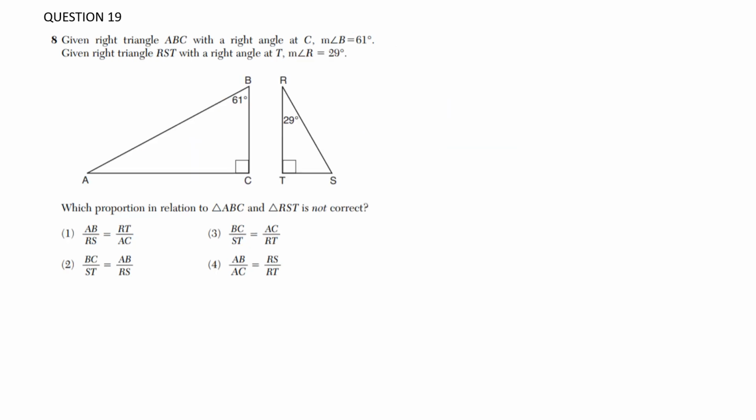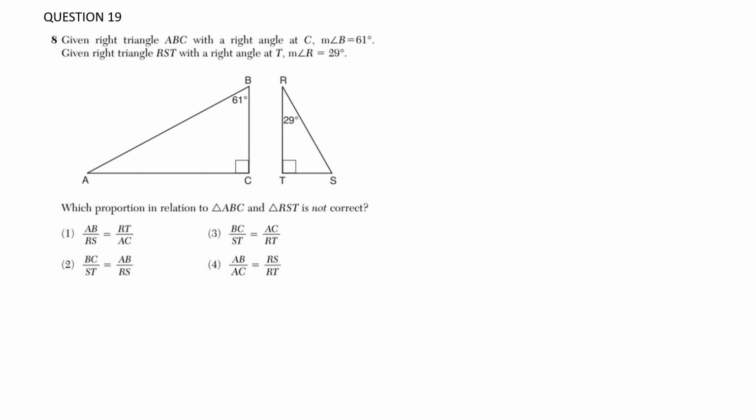Given right triangle ABC with a right angle at C, angle B equals 61 degrees. Given right triangle RST with a right angle at T, angle R equals 29 degrees. Which proportion in relation to triangle ABC and triangle RST is not correct?